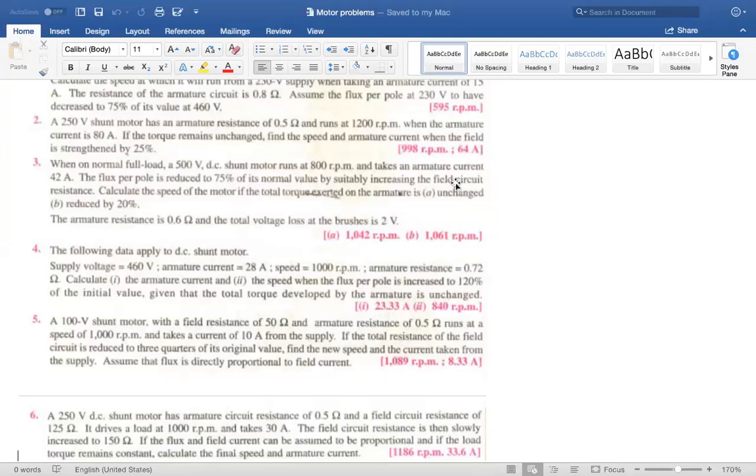The total resistance of the field is reduced to 3/4 of the value. Find the new speed and the current taken from the supply. So we want N2 and I load 2.